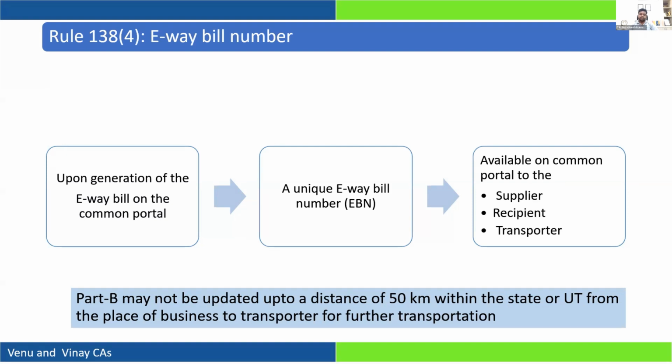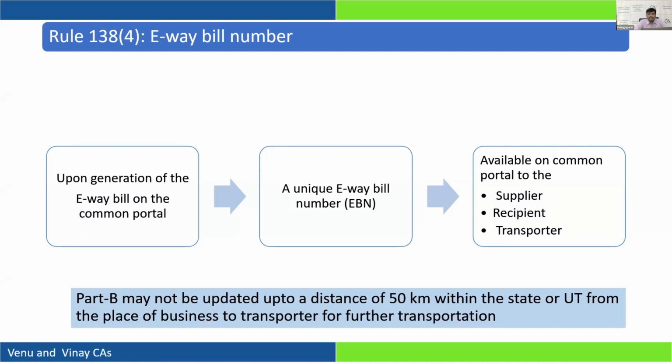In that case, e-way bill is required to be generated, but only Part B is not required to be filled. It's optional, only for the transport from the business of the consignor to the location of the transporter. Only in that case, we are not required to update Part B. But Part A we must fill, generate, and also carry along with the consignment.